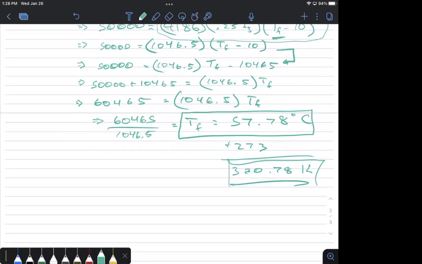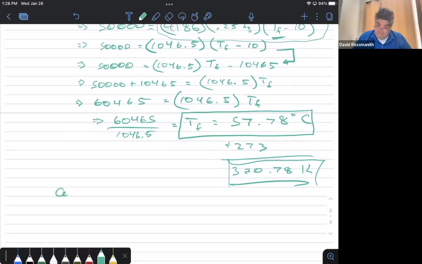What I did, and I'll do it without the numbers, just so it looks easier. You have some number, that's the 1046.5. And then I'm multiplying it by, let's say, B minus C, right? That's basically what we have there, but with a bunch of numbers. And so all I did was I said, this is the same as A times B minus A times C, right? I distributed the A times the first term and then times the second term.